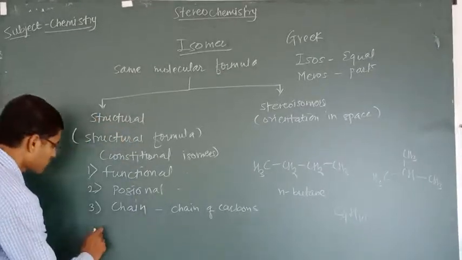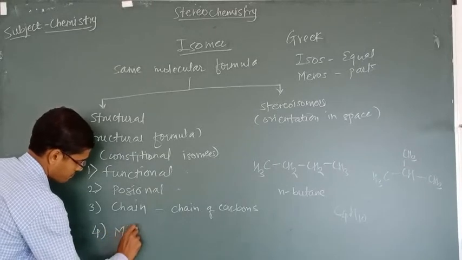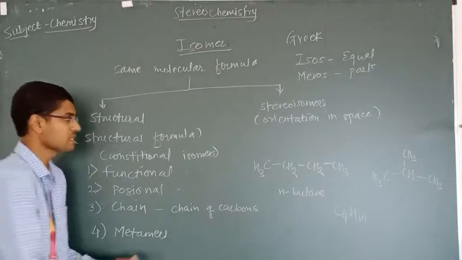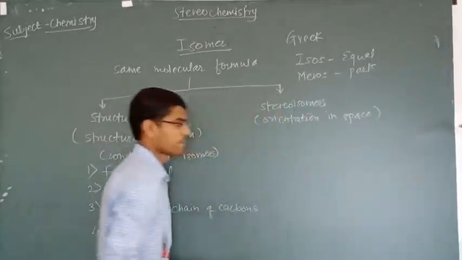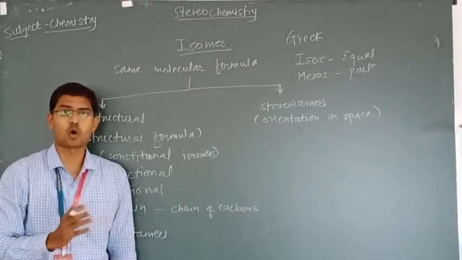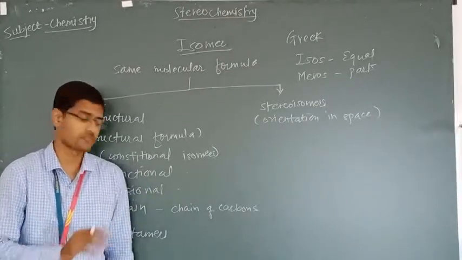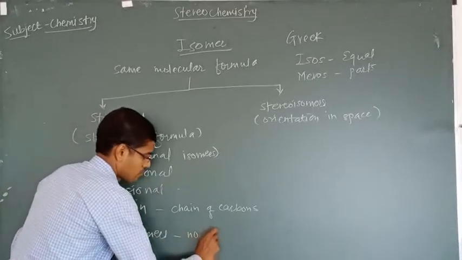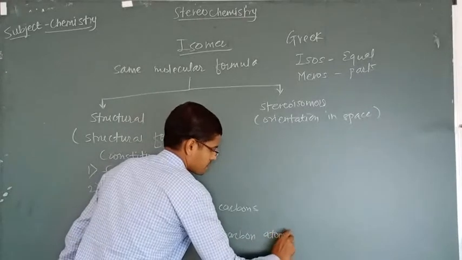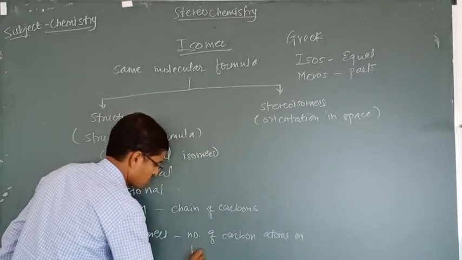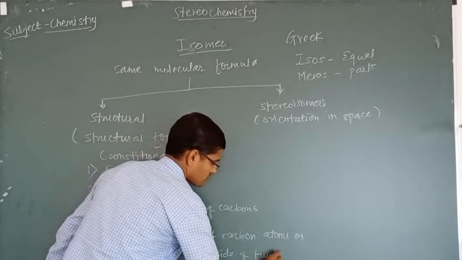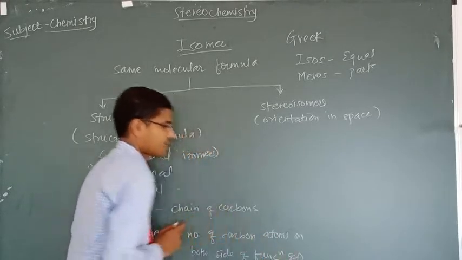Now the next one is metamers. What are metamers? Metamers are isomers in which the number of carbon atoms on both sides of the functional group is different.